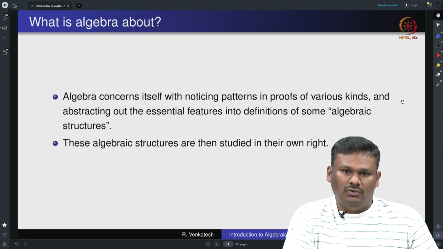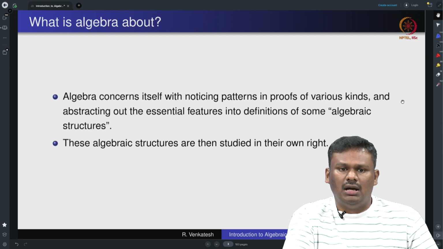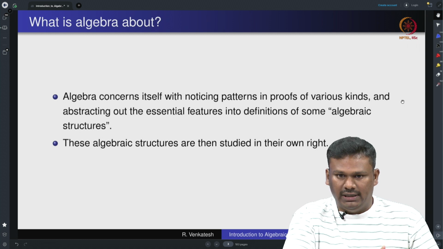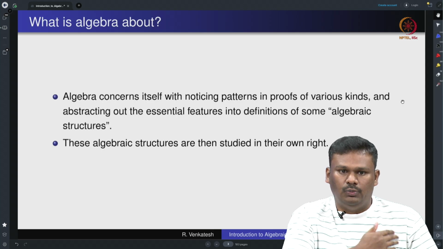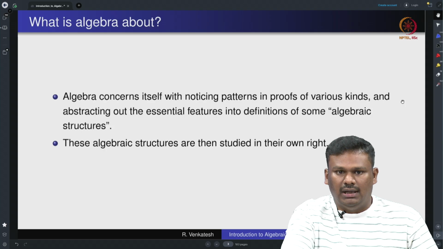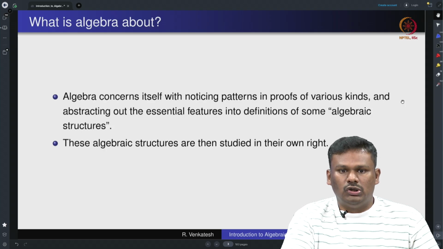So, you define what is called a group by looking at various examples that come from different places like geometry, number theory, combinatorics and so on, and then you unify these and put them into axioms and call them groups, and then you study them in their own right.